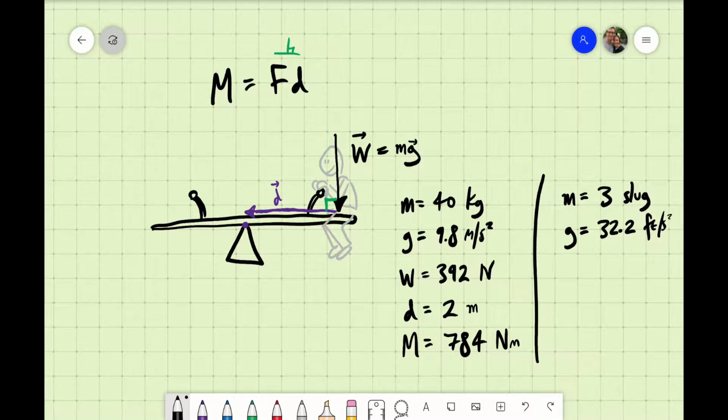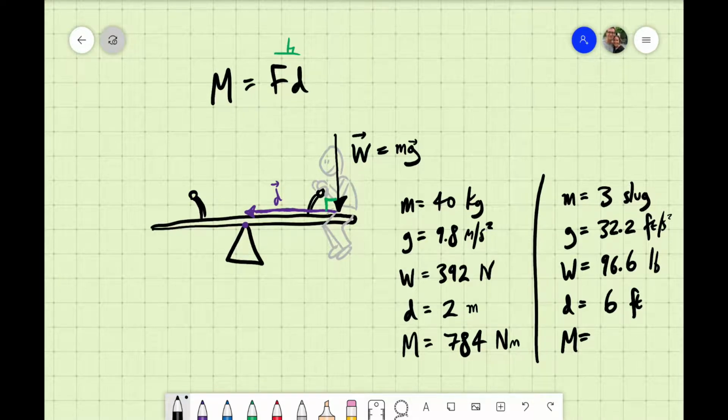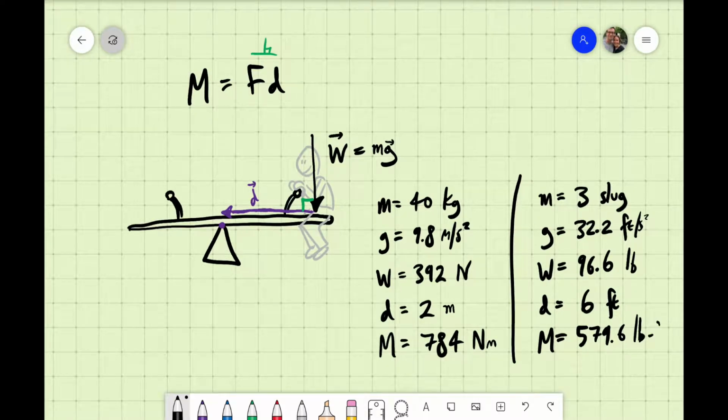So in this case, M times G is 96.6 pounds. Let's say our distance here is 6 foot, which by the way is approximately 2 meters. So in this case, our moment is going to be 96.6 times 6, which is 579.6 pound feet.